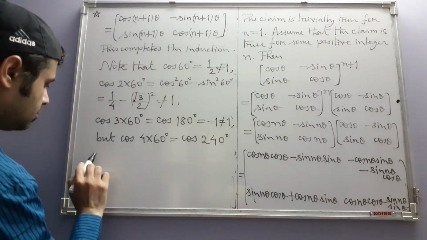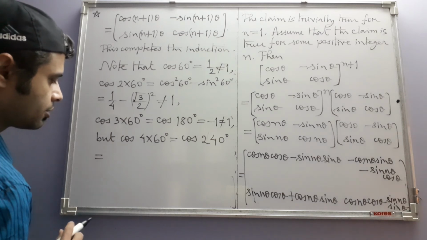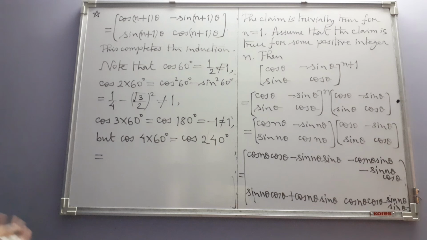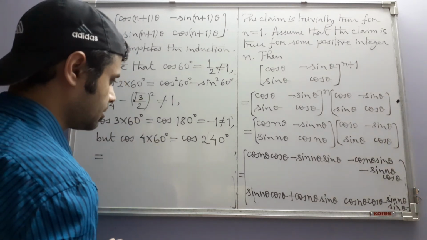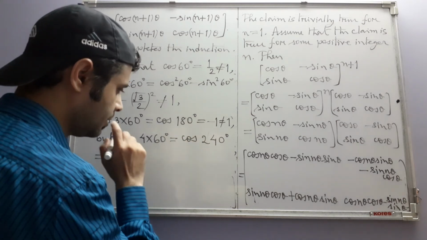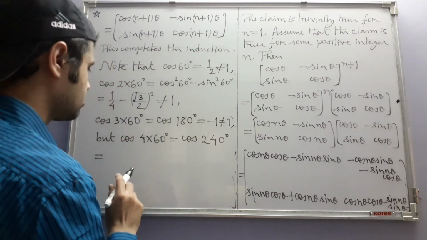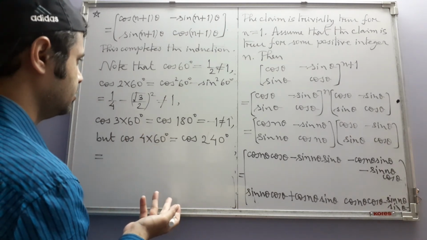Then 240 degrees, and that will be equal to, I have forgotten all the trigonometric tricks that allow one to do these calculations quickly. This is frustrating anyway. So this is cos 2 times 60 degree.